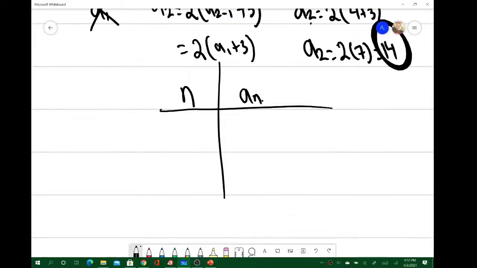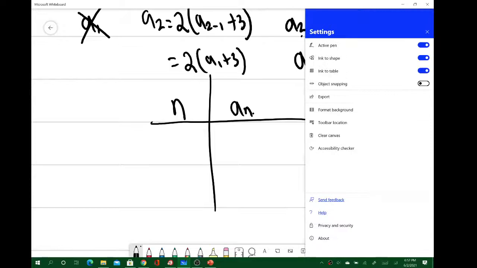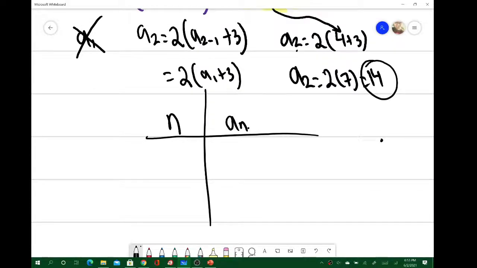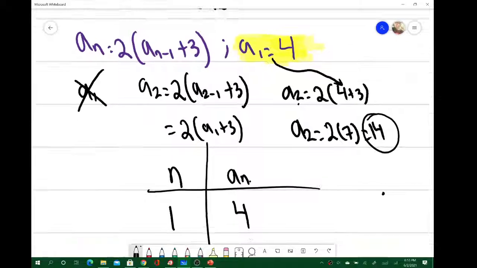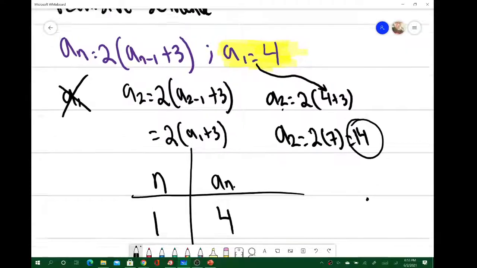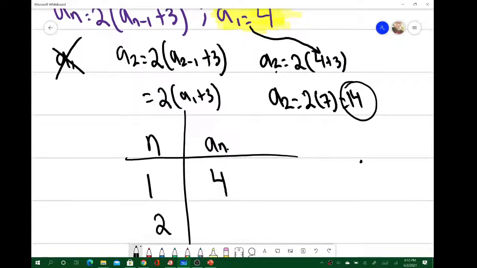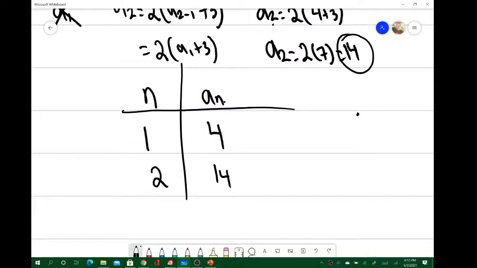So a sub 2 is equal to 2 times 7, which is 14. Obviously, when n equals 1, a sub 1 is 4. We already know that. When n equals 2, a sub n is going to be 14. And you keep going.